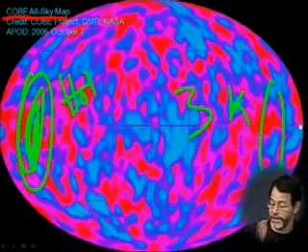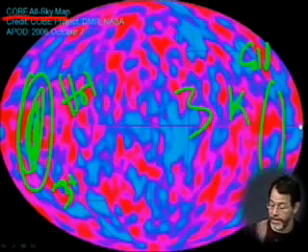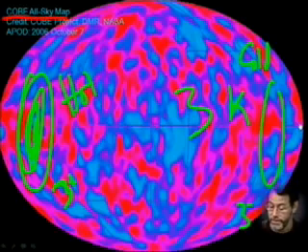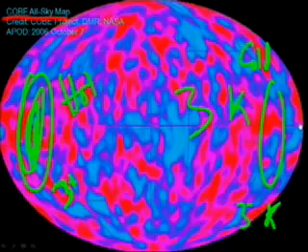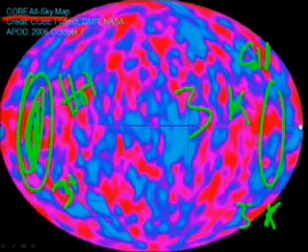So this is slightly hotter than 3 degrees. This is 3 plus degrees. And this is 3 minus degrees. That's because we think the Earth, but not really just the Earth, the Sun and our galaxy, is moving with respect to the microwave background.